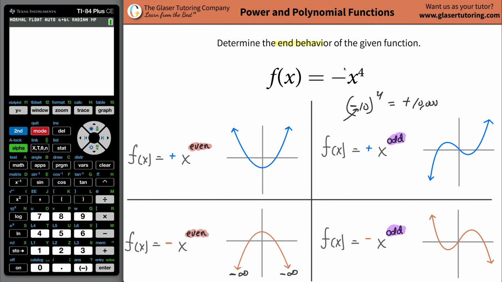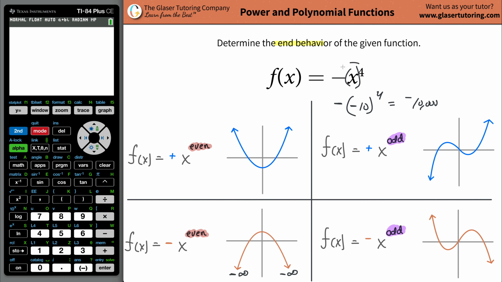But your leading sign is a negative, so essentially there's another negative outside of this. You can think about this x as in parentheses. So if the answer in here is always positive, but you shove a negative on at the end, it can be nothing but negative. And that's it. That's your answer.